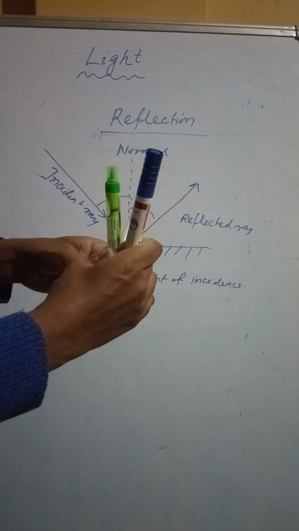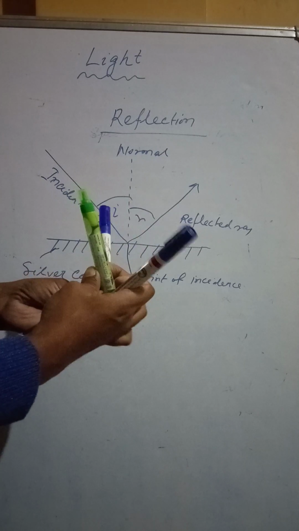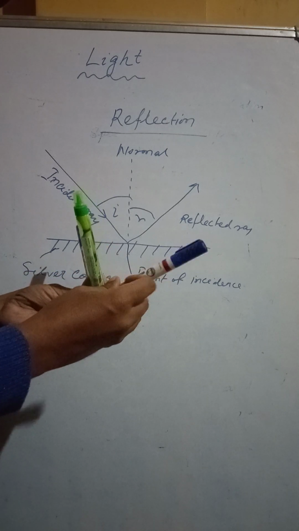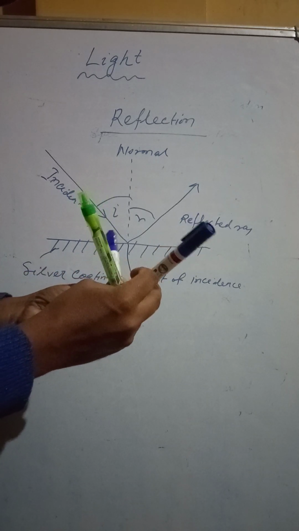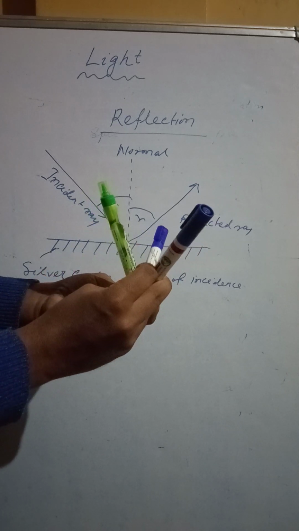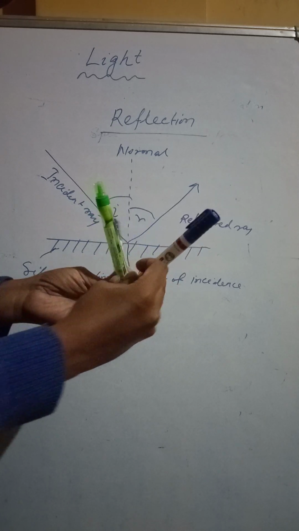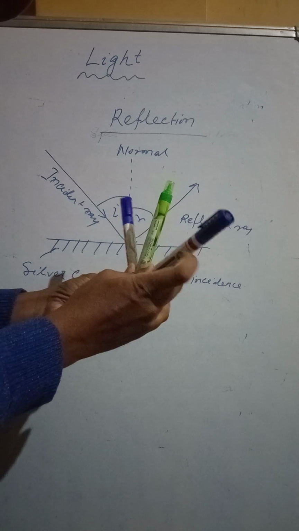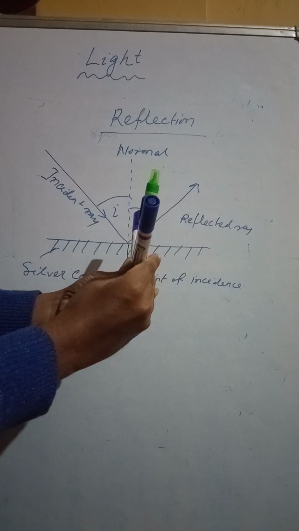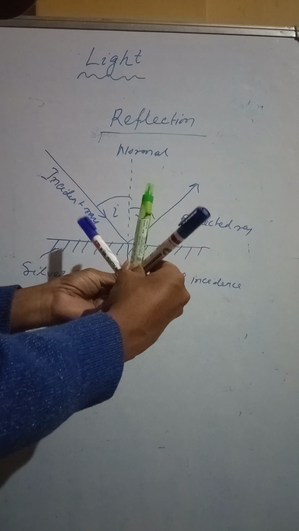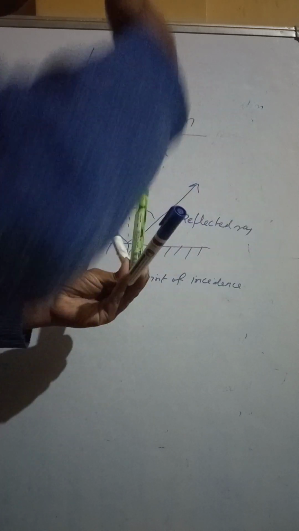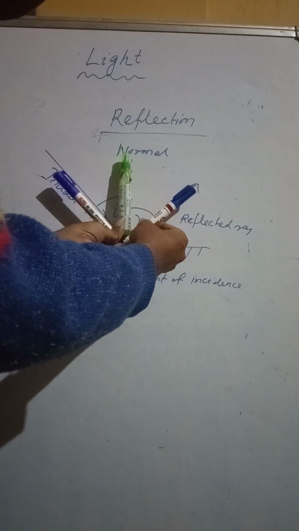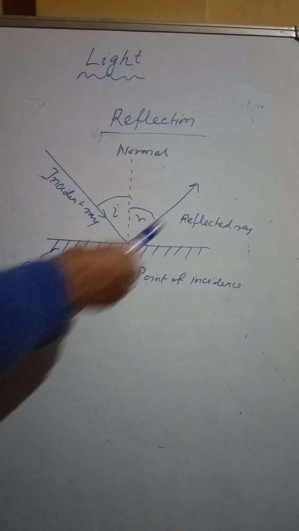Now if the normal is like that and the incident ray is like that, are they in the same plane? These are not in the same plane right now. When they are like this, these three are in the same plane. Here you can see the plane of this board.